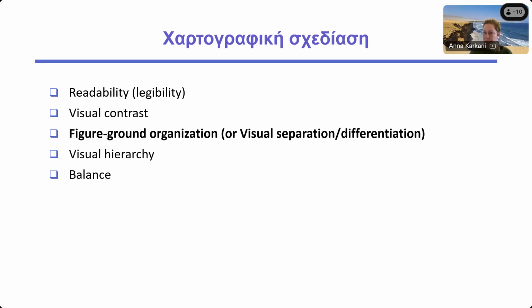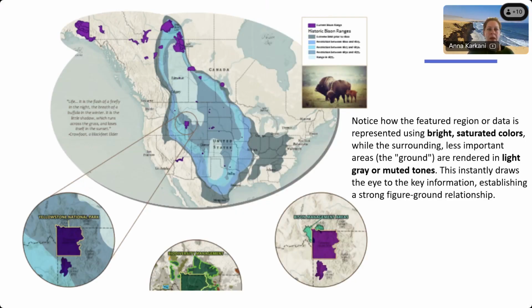So sometimes when we use in our maps the light gray or very light gray color for the background, we can see that the most important features, the most important elements are better placed in the foreground. So we have to keep that always in mind. This is an example of what we talked about.